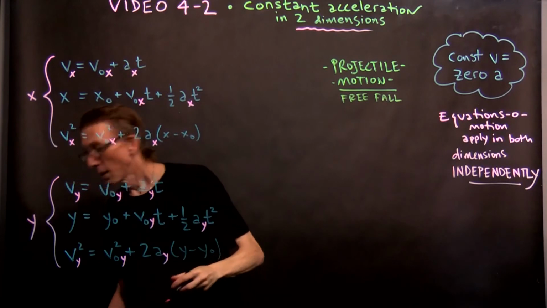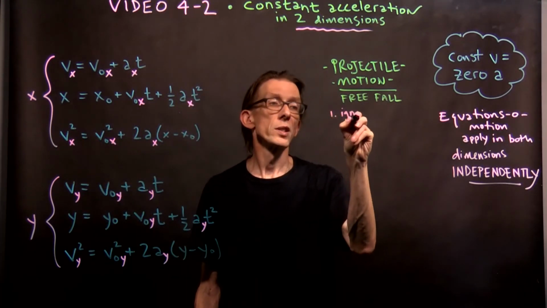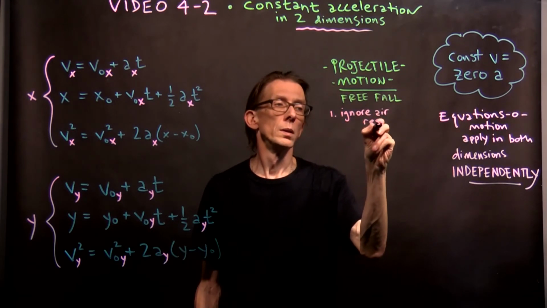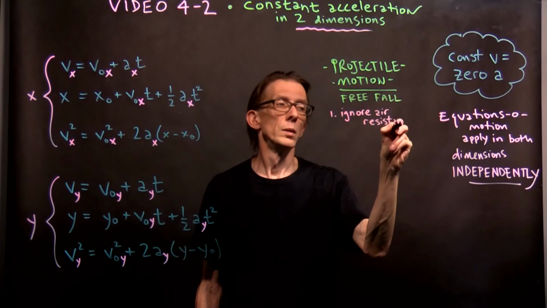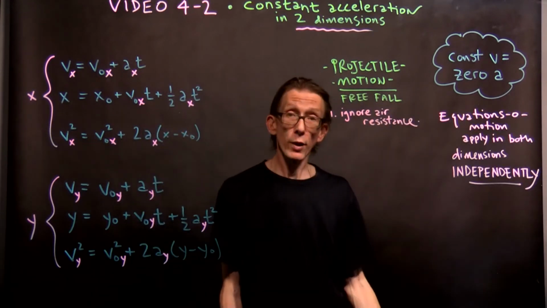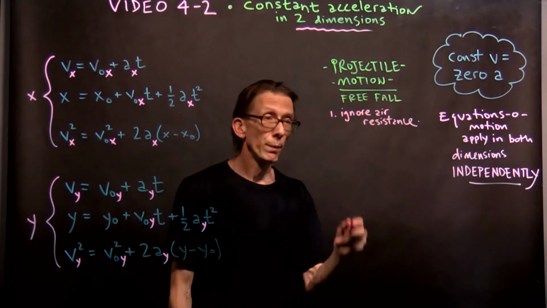Number one, you ignore air resistance. This is nothing new. You just ignore it. We're just going to forget about it. It's real, it happens, and we might deal with it in some later chapters, but not here.